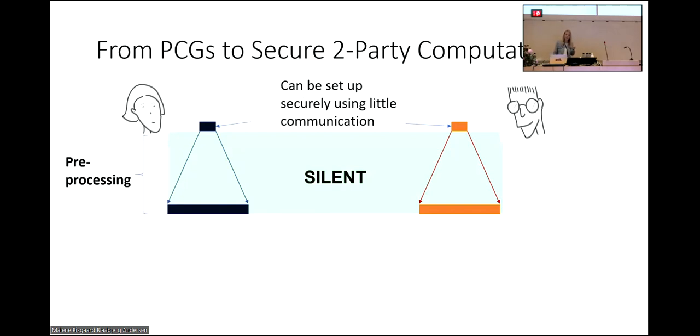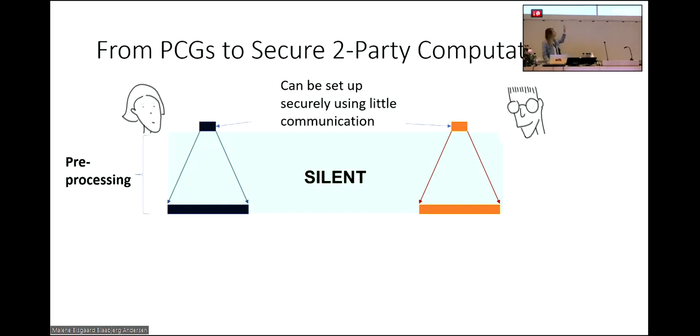And once I have that, there's no secure computation there yet, but now I just have to set up, in the pre-processing phase, these short seeds securely, which makes it efficient, even if you do it generically, because they're very short. And when you do it with dedicated protocols, this is very, very cheap, and you get malicious security at a very cheap price.